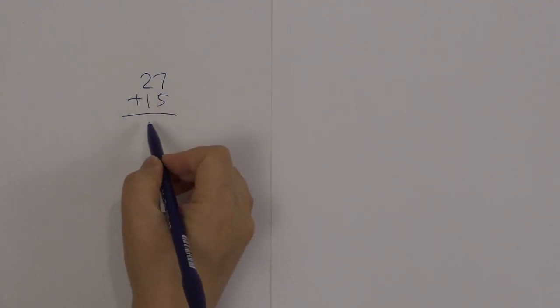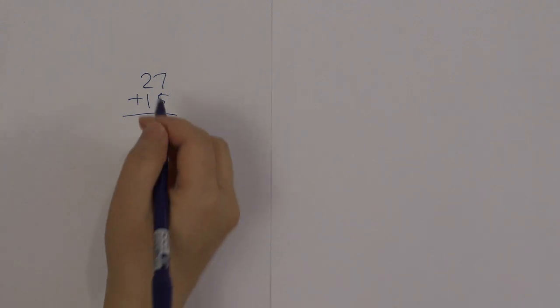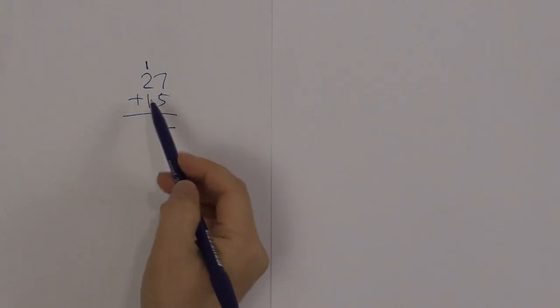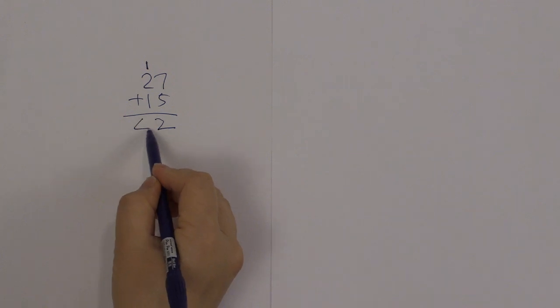Then what do we write down? We write down 2. Where? Here. And what do we do with 1? We carry 1 up here. Right? And then we do 2 plus 1 plus 1 equals 4. So this is my answer, 42.